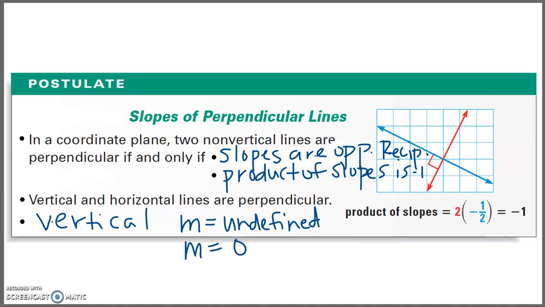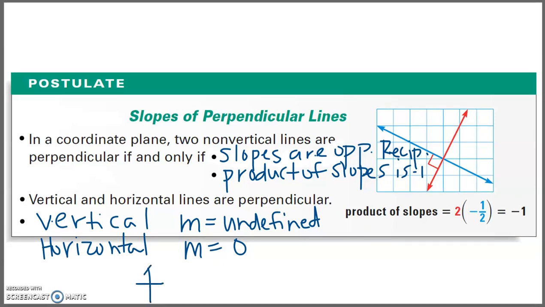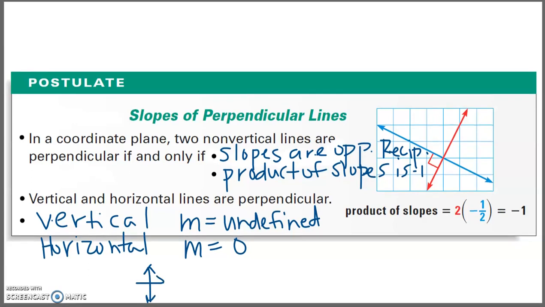So undefined slopes and 0 slopes are always going to be perpendicular. So that's for vertical and horizontal. Vertical and horizontal lines are going to be perpendicular. So that would look like this in the situation, vertical and horizontal. So undefined slope versus a 0 slope. Think about treadmills with those.